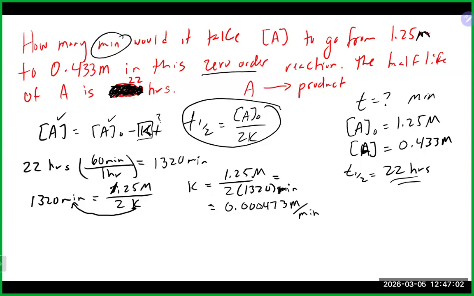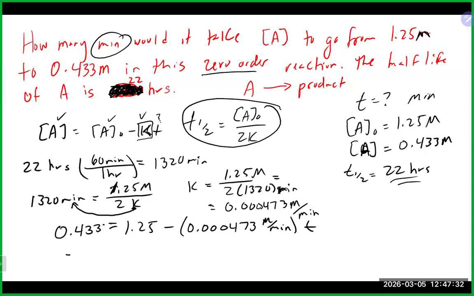Now that I have all I might need here, we're going to go in with our final concentration 0.433, equals 1.25 minus our K we just calculated, 0.000473 molar per minute, times our time. So we're going to go 0.433 minus 1.25, hit equals.